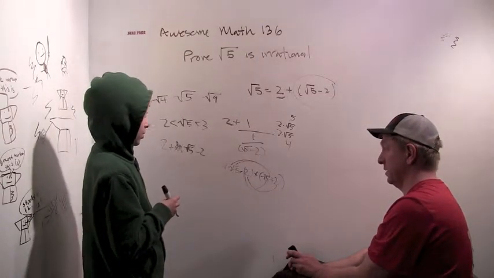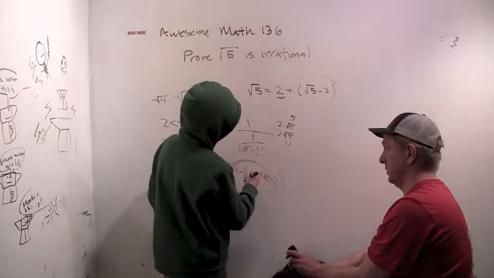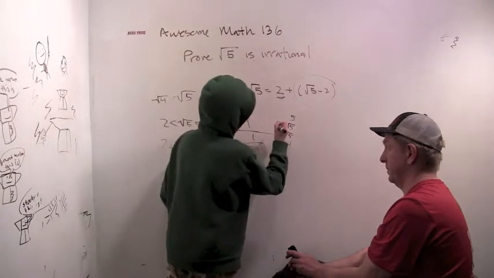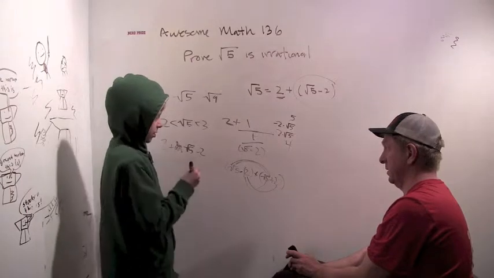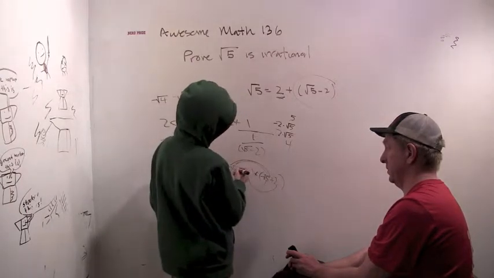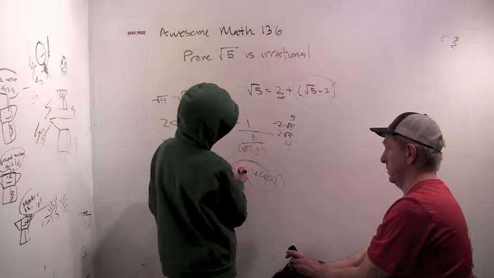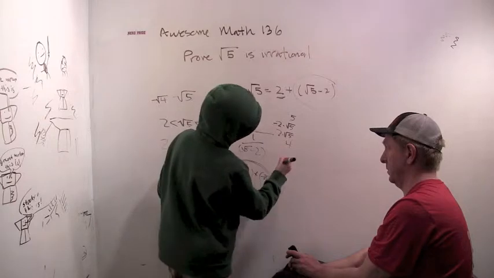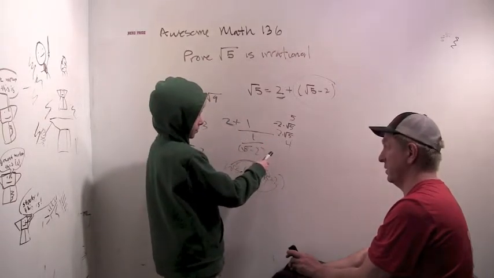Well, these are both positive, and then we get -2 square root of 5. This would be -2. And then this would be positive.